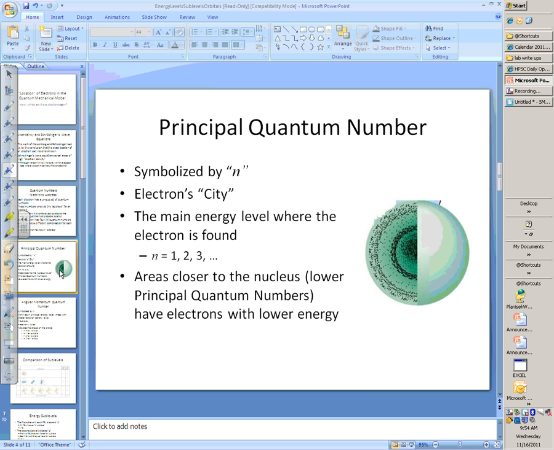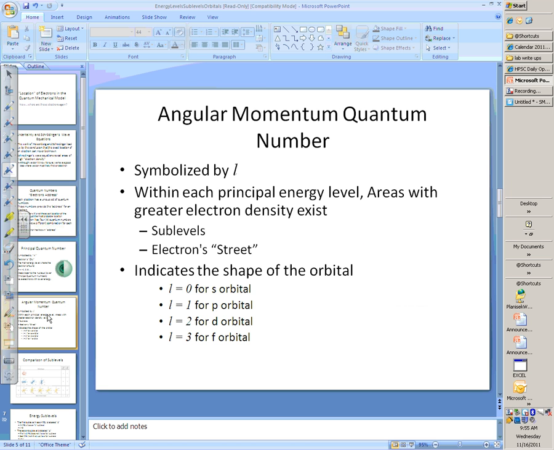The principal quantum number, or principal energy level, is kind of like Bohr's rungs on his ladder: big area, big area, big area where we can find electrons. But Bohr's rungs are rigid. You have to be here or here or here. Is that the case in here? No. That's where our discussion shifted to sublevels: even within areas of high density, we find areas that are more populated than other areas.